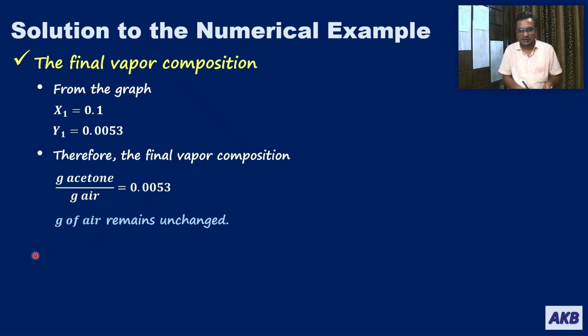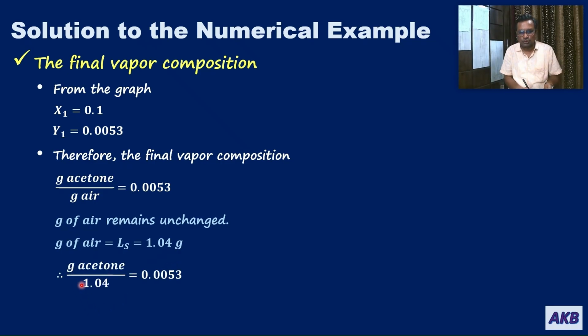In this case, gram of air remains unchanged during the operation. Therefore, gram of air is equal to LS, which is 1.04. We had calculated it earlier. It is not going to change. It will remain as it is. So, gram of air is 1.04 gram.